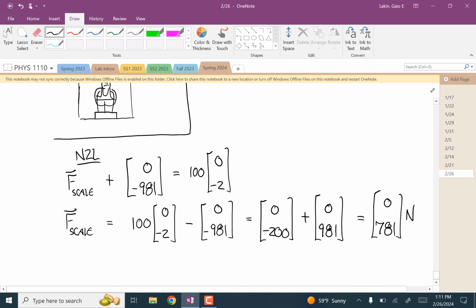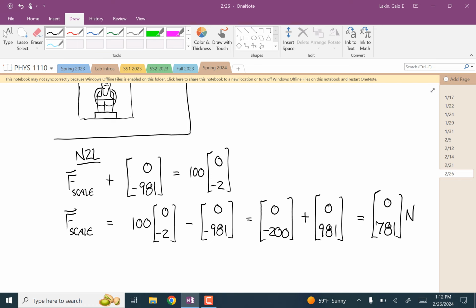So when the elevator isn't accelerating at all, the scale has to apply a force to the man of 981 newtons up. When the elevator is accelerating down, it only has to apply a force of 781 newtons up. Okay, and if you bring a scale to the elevator and try it, you'll see, just for the short little time where the elevator is accelerating for a second or whatever, as you start going down, the weight measured on the scale goes down briefly.